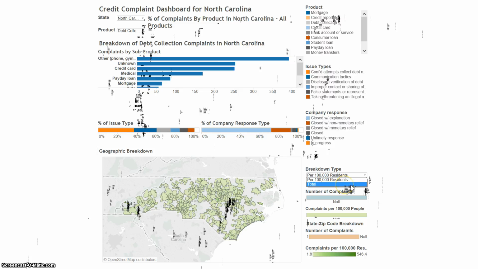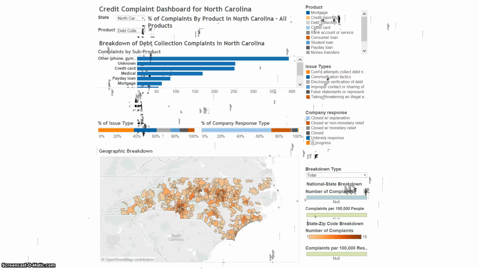Taking this western zip code, we can see that, in fact, there were only 2 complaints lodged in this zip code. This goes to show that because the population is so much smaller, an analysis looking at only the per 100,000 residents would show as being a major issue, even though this is probably a one-off situation.